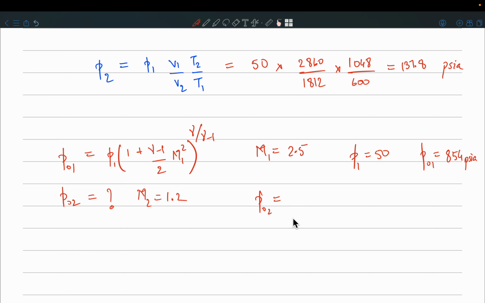Mm, 3220, that is very high. See, M1 was 2.5, then your P naught was some 800. Now Mach number is decreased, no? Three, three, four. Yeah, that's right.